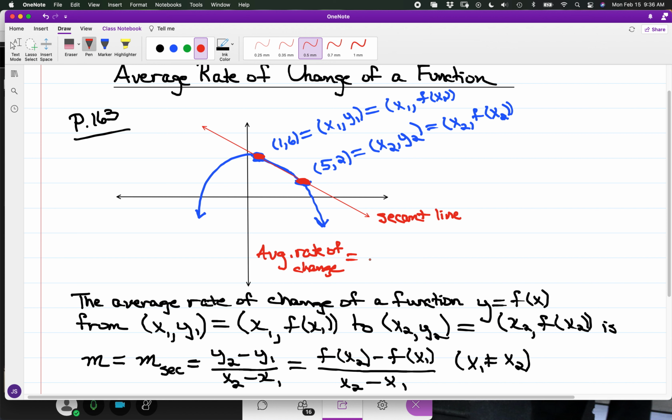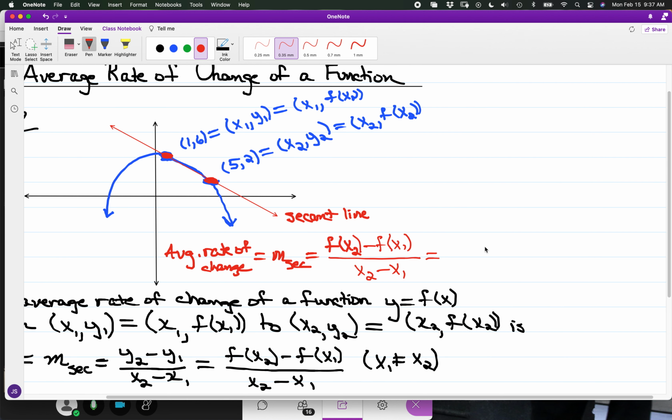Upon first glance, the average rate of change is equal to the slope of the secant line, so you have f of x2 minus f of x1, all over x2 minus x1. Your f of x2, your y2, is going to be 2, minus f of x1, which is going to be 6. For x2 minus x1, that's going to be 5 minus 1.